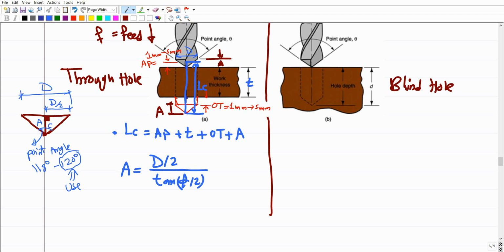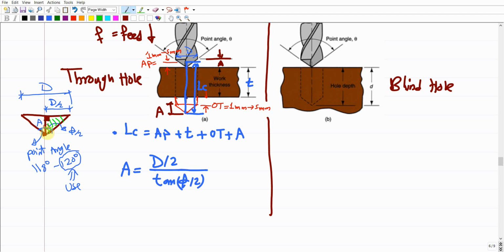This indicates that this smaller angle is going to be 60 degrees, which is half. This angle here is going to be phi over 2, half of it. So if I ask you to calculate A from the geometry of this triangular shape, what should A be?